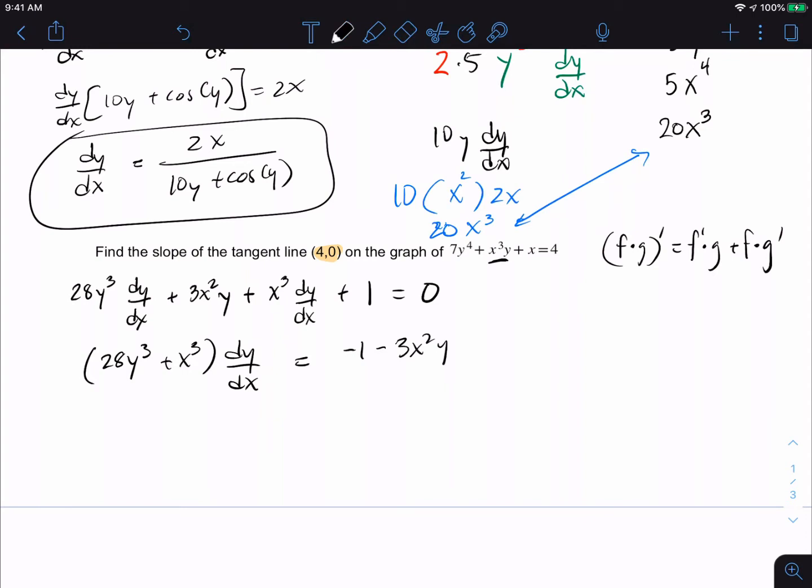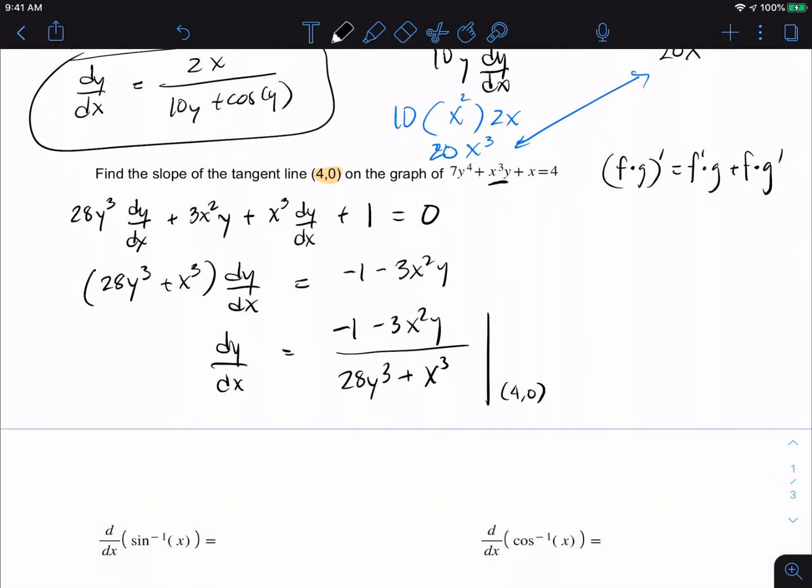Okay. So then from here I have to divide by what's with dy dx. So I'm going to get negative 1 minus 3x squared y over 28y cubed plus x cubed, right? That's the derivative. But this problem is saying find the slope, so I have to evaluate this at 4, 0, where 4 is x, and we have our 0.